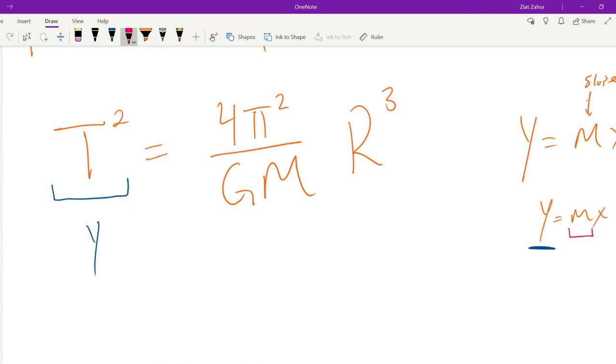The stuff that is in front of our r cubed must be the slope.